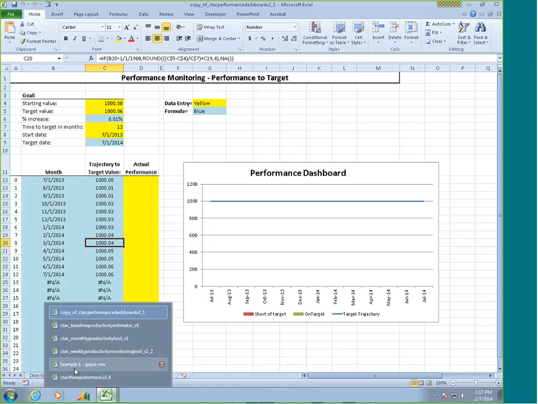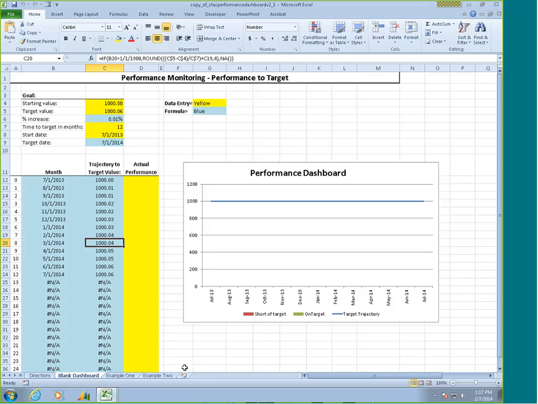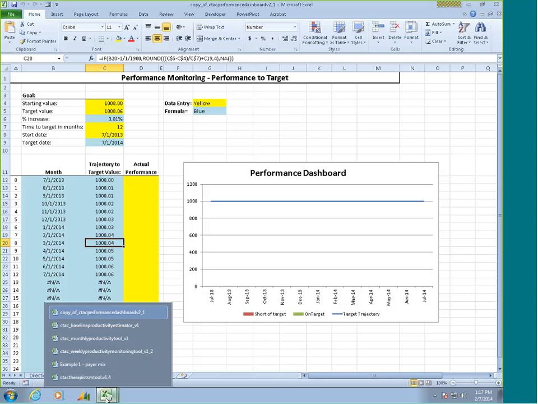Each of the tools have an instruction tab on them, on the first tab of the spreadsheet. And my suggestion would be as you go in, you bring them down. If you find one that you think you can utilize inside of your clinic, then my suggestion would be that you go to the webinar and look through the recording and take a look at them. So most of them are very simple and easy to use.